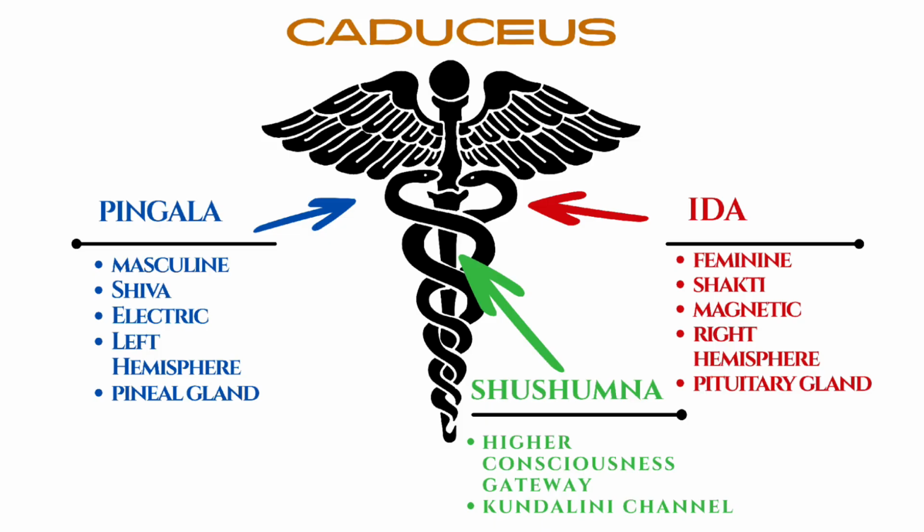Ida is the feminine energy in our body, which governs the left side of the body and the right hemisphere of the brain, representing stillness, intuition, dreams, and receptivity. Whereas Pingala, the masculine energy, governs the right side of the body and the left hemisphere of the brain, representing movement, logic, drive, and action.